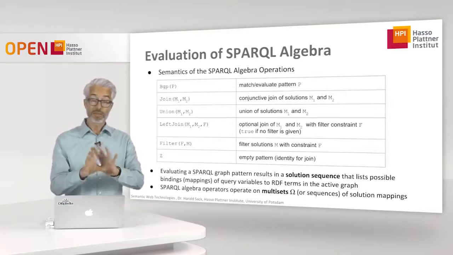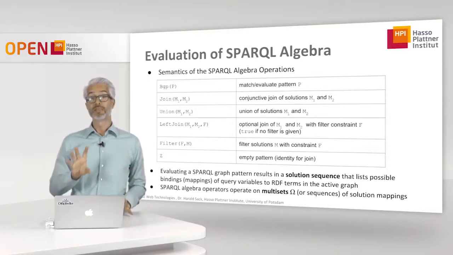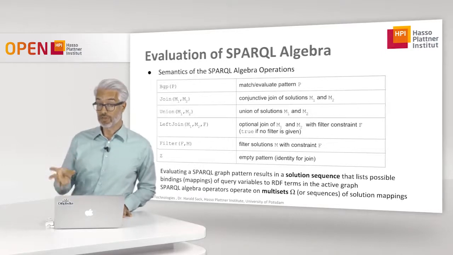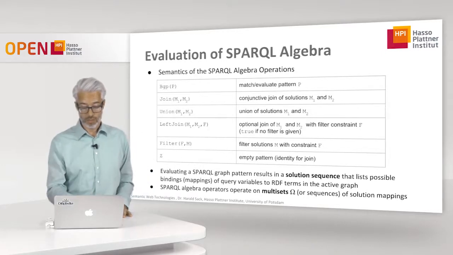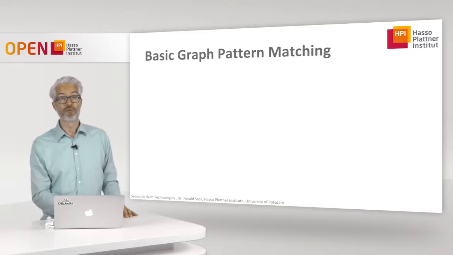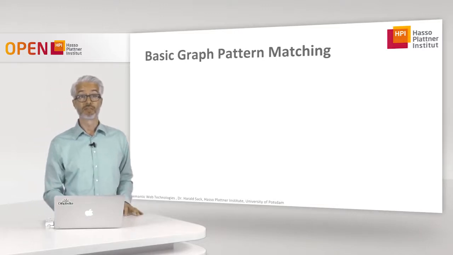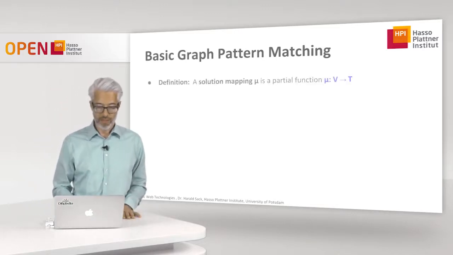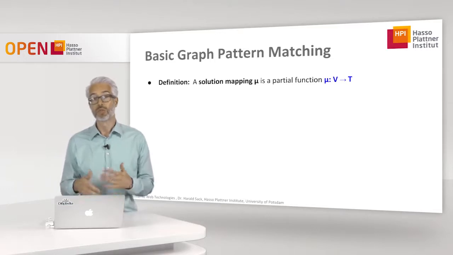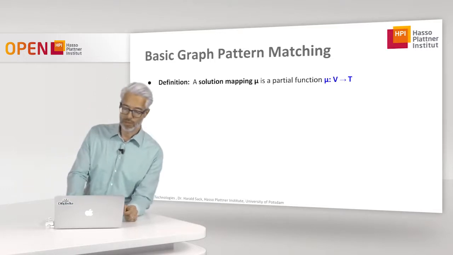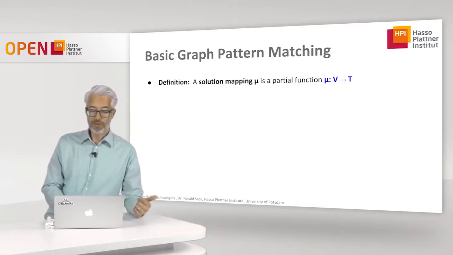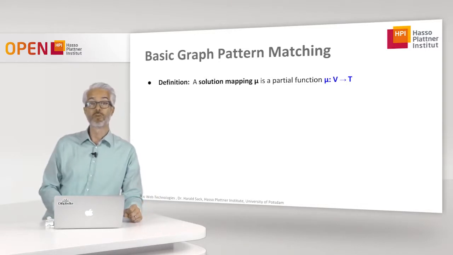Okay, so now it's getting a little bit more formal. Besides the informal definition of how these operators work, we will now come to a more formal definition and first start with the basic graph pattern matching. Therefore we have to define a few formal things first. First we define what is a so-called solution mapping.